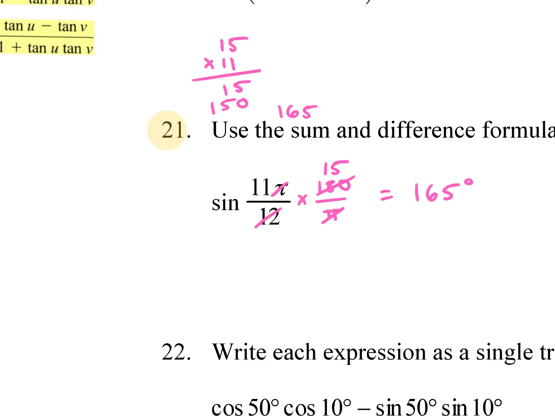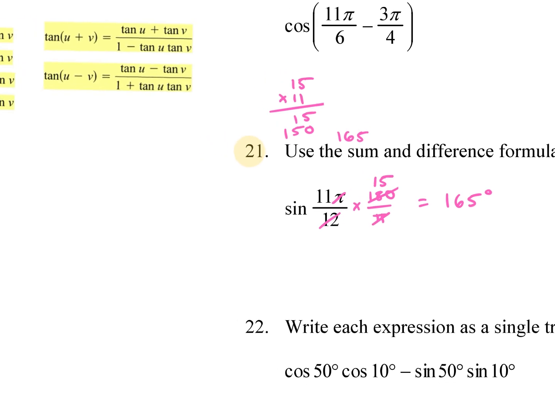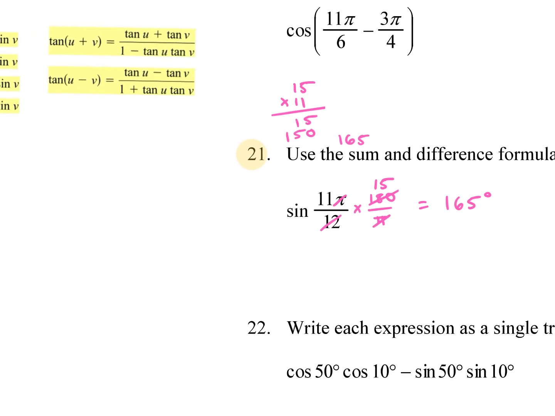Now 165 is not on the unit circle, but we can come up with 165 either adding 2 numbers on the unit circle or subtracting 2 numbers on the unit circle. What 2 numbers on the unit circle either add to 165 or subtract?